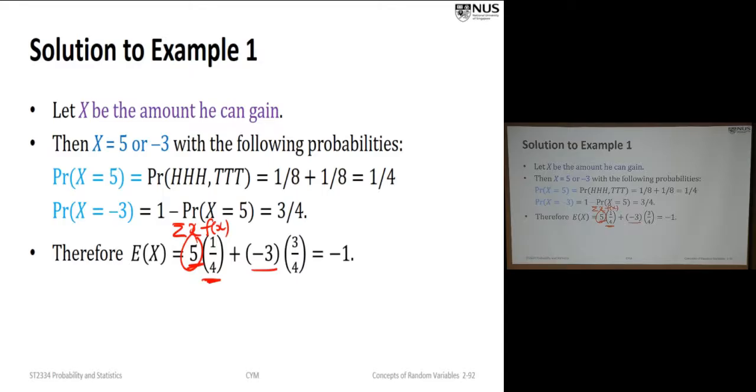But I can consider this expectation as when you do it many, many times, sometimes you get $5, sometimes you lose $3. In the long run, you expect to lose $1 per game. So it's not in favor of you.